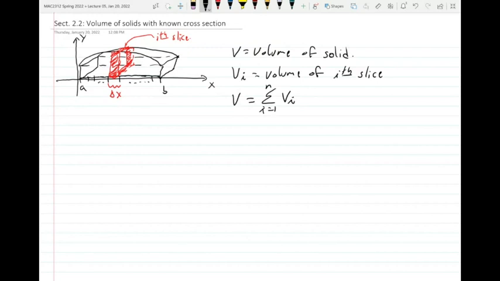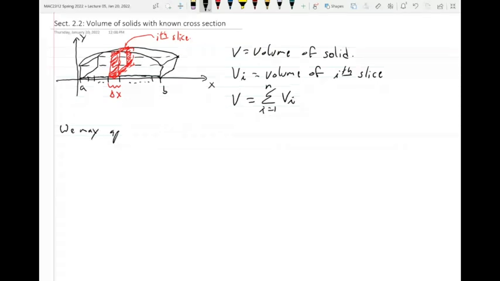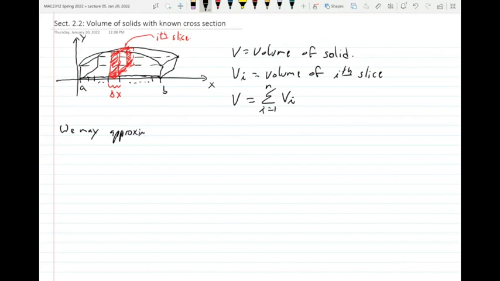So we can actually approximate the volume V_i, because of this picture, by some sort of rectangular solid. Think of it as a little book or something like that.